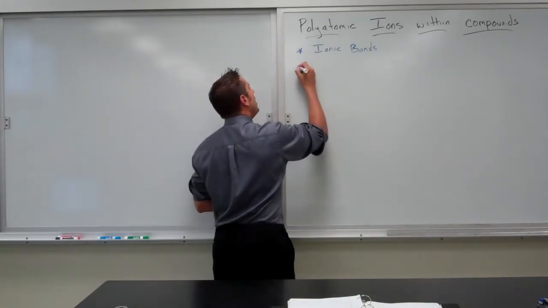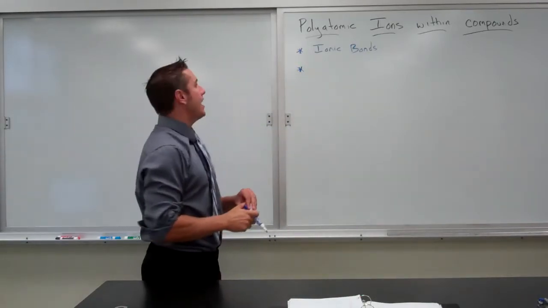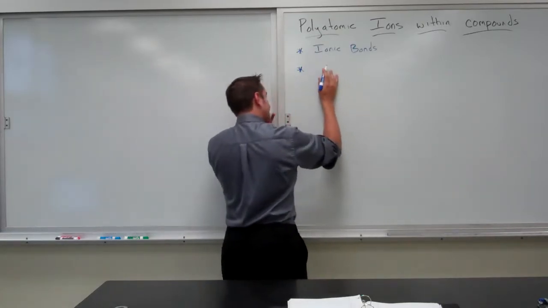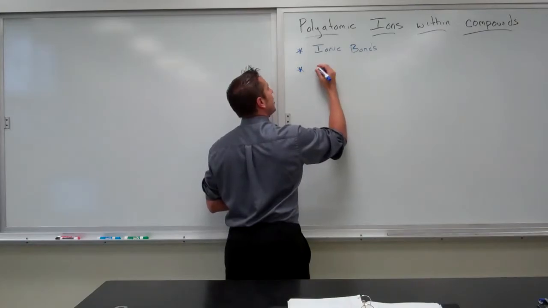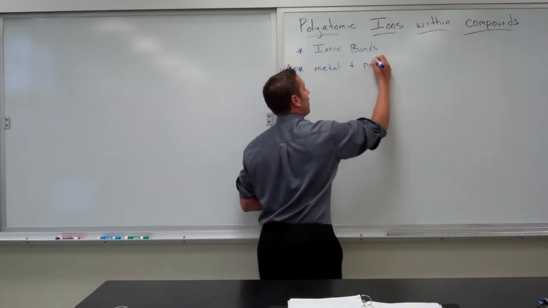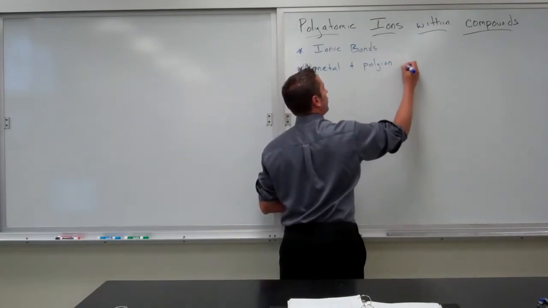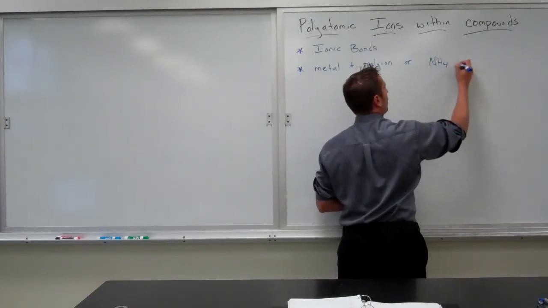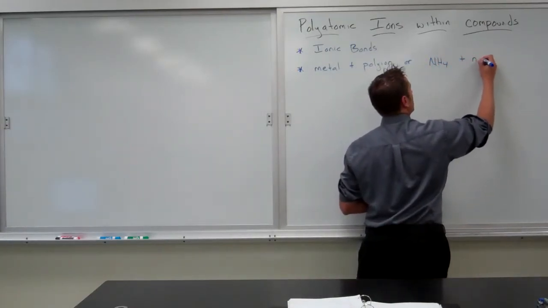That being said, you will be able to identify a polyion in a compound by recognizing that you'll have one of two things. You will either have a metal plus a polyion, or NH4 plus a nonmetal.